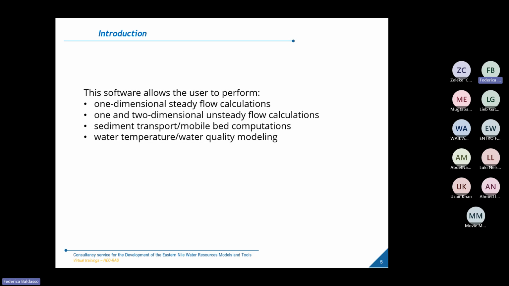The program also allows the user to perform some sediment transport and mobile bed analysis, as well as some water temperature or water quality modeling. But with this training, we are focusing only on the 1D flow analysis.